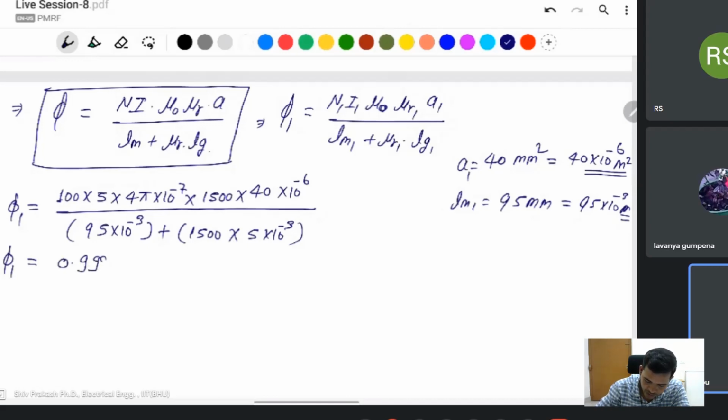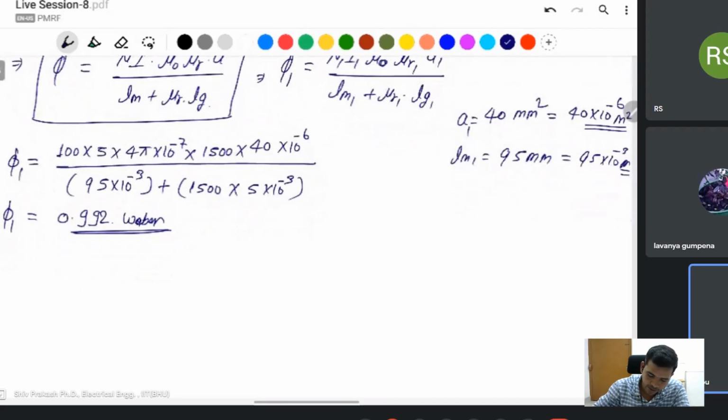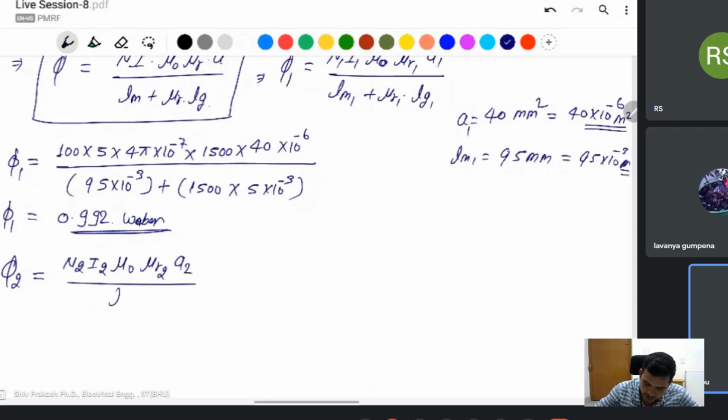You will find 1.992 Weber. Phi 2 is N2, I2, mu naught, mu R2, cross sectional area A2, divided by LM2.